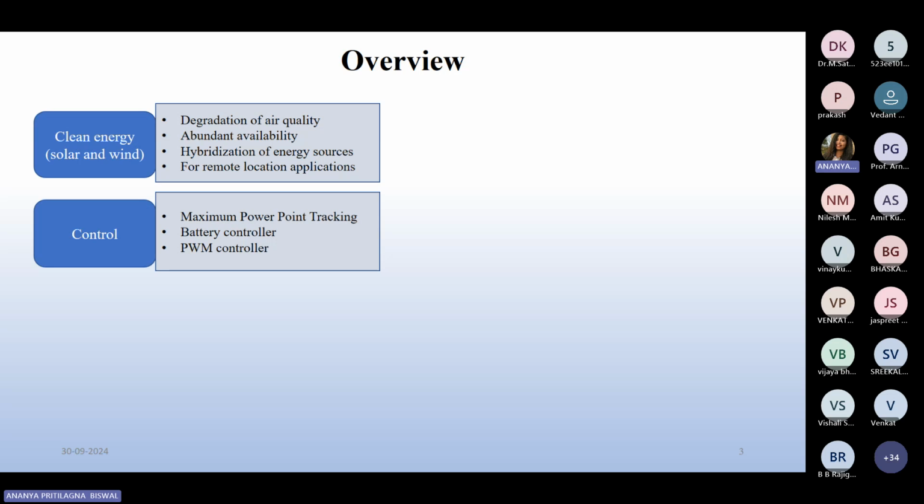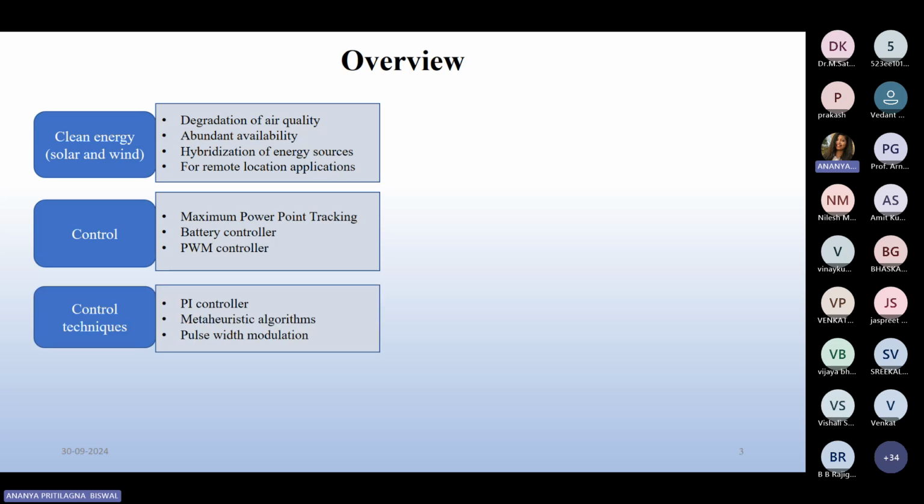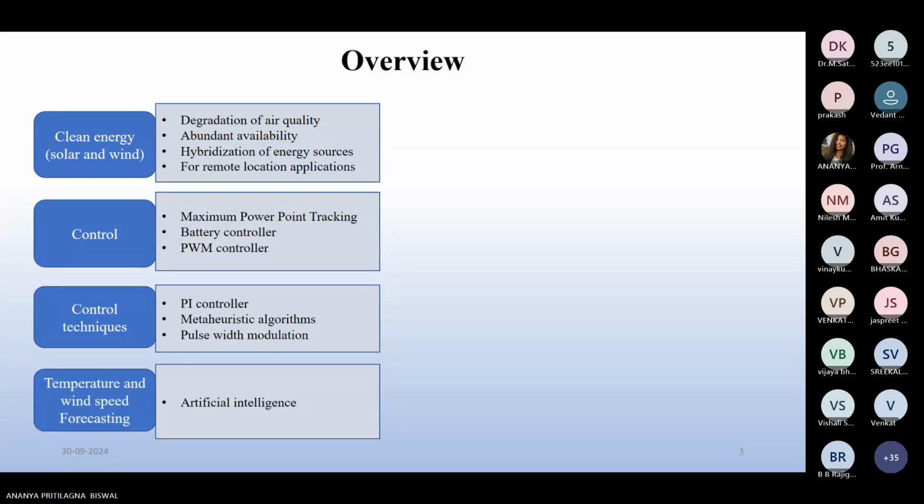Here the controls we have implemented: maximum power point tracking, battery controller, and PWM controller. The control techniques are the PI controller, that is optimized with some meta heuristic algorithms, and pulse width modulation. Here we have also implemented intelligence techniques, that is machine learning techniques, for the prediction of temperature and wind speed.